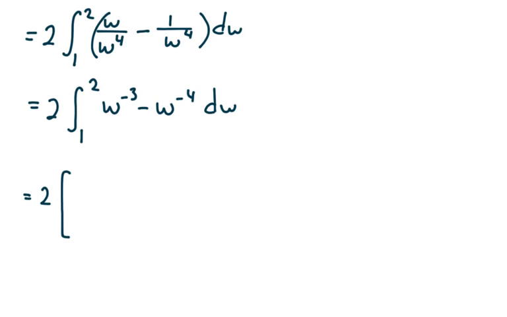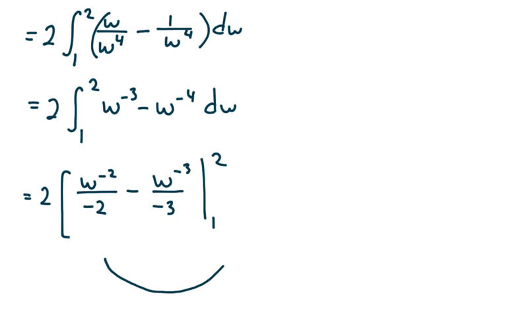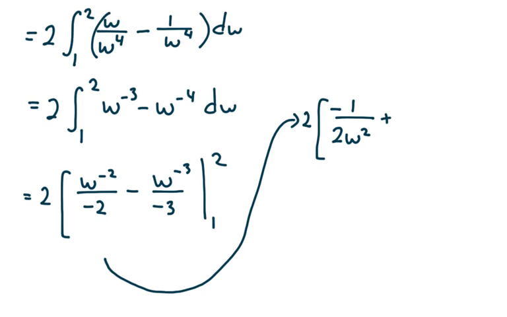So this is 2 times, I'm going to get w to the negative 2 divided by negative 2 minus w to the negative 3 divided by negative 3 from 1 to 2. And we're going to come over here. So I get 2 times, I don't like negative exponents, so I'm going to make this negative 1 over 2w squared plus 1 over 3w cubed from 1 to 2.